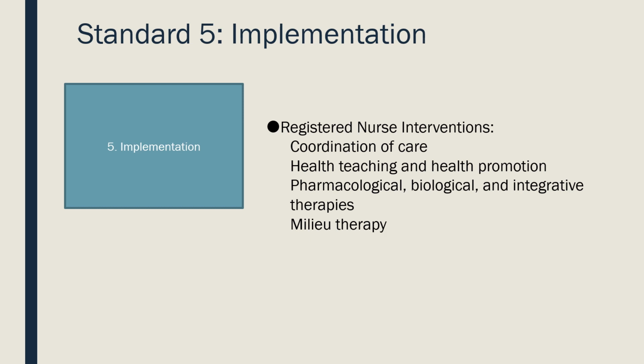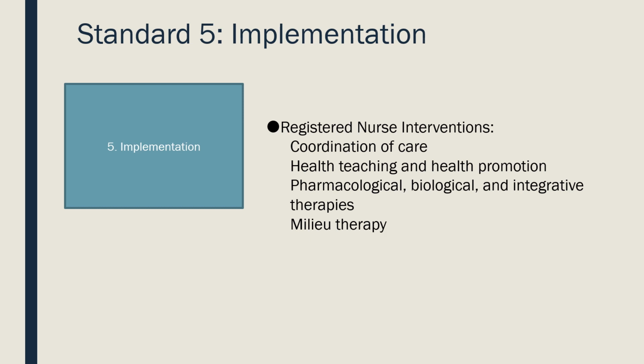Pharmacological, biological, and integrative therapies. Nurses must be knowledgeable regarding current research findings, intended action, therapeutic dosage, adverse reactions, and safe blood levels of medications being administered. And we have to create a milieu therapy. Milieu refers to a physical and social environment.